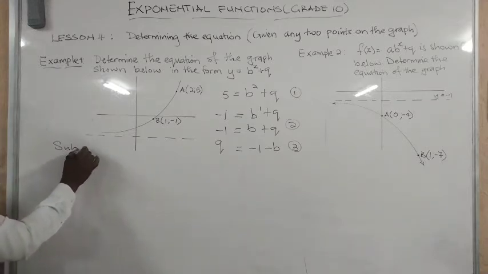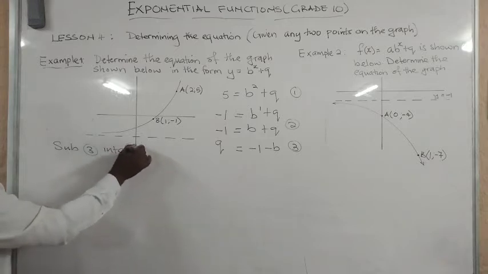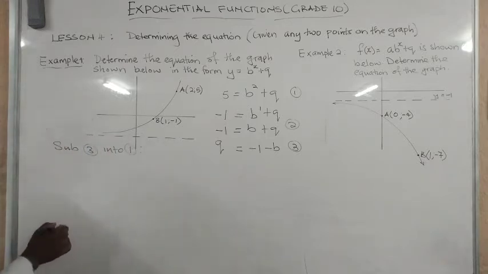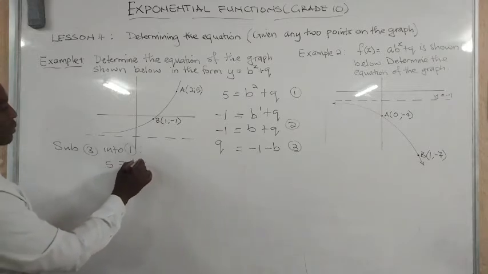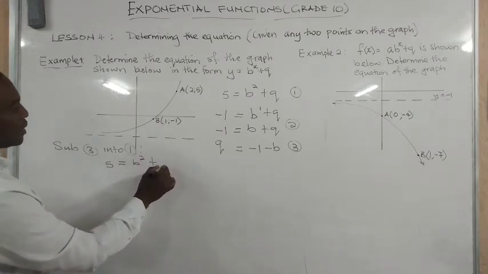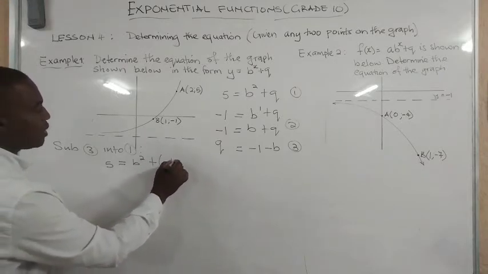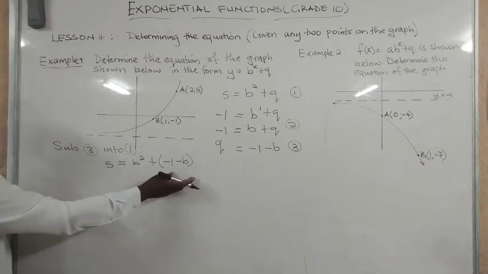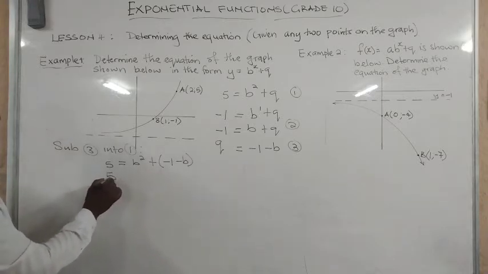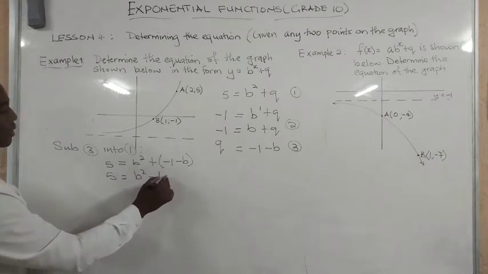What are we going to have? 5 is equal to b squared plus negative 1 minus b. And then removing the brackets there, it's 5 is equal to b squared minus 1 minus b.